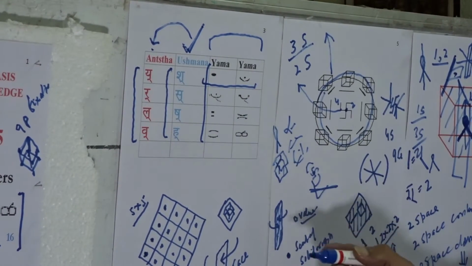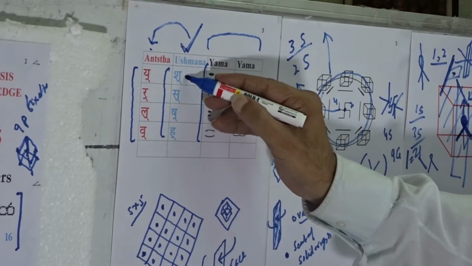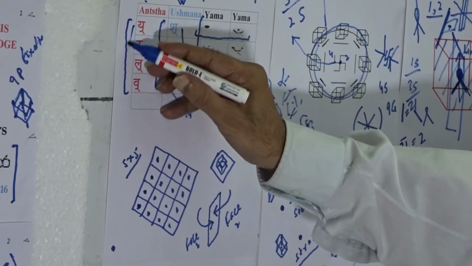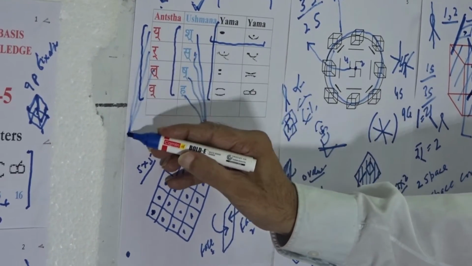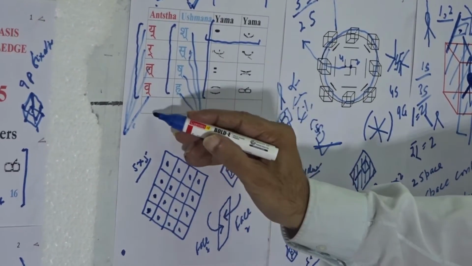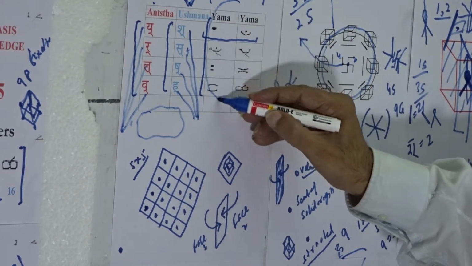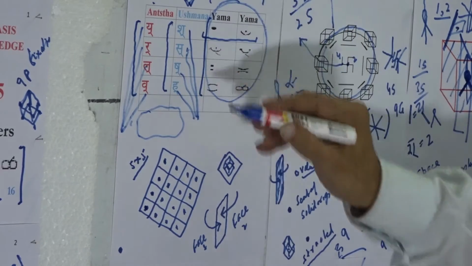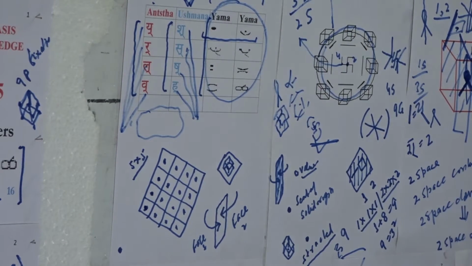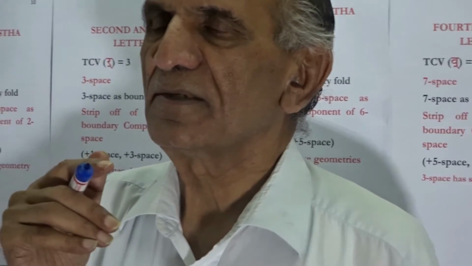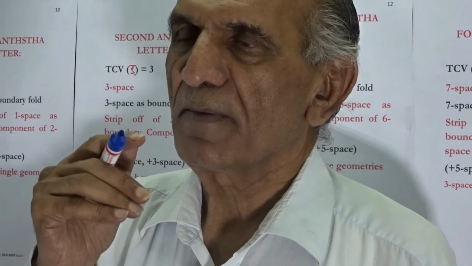And like that, these quadruple steps of transcendence with the upper limit as quadruple values of the Anthastha letters have in between a domain, and it is going to be a domain of the 8 Yama letters.